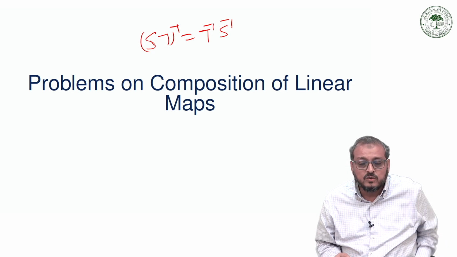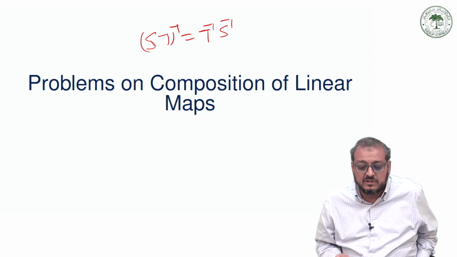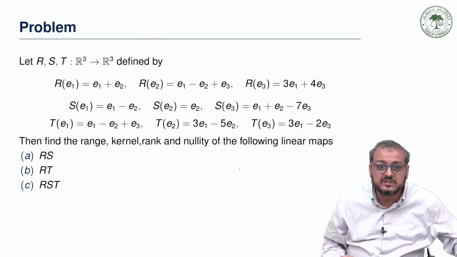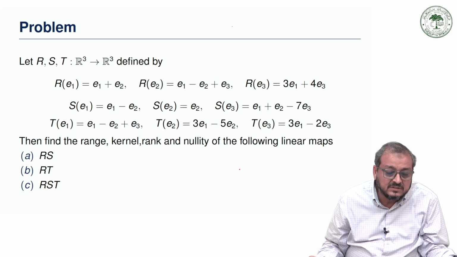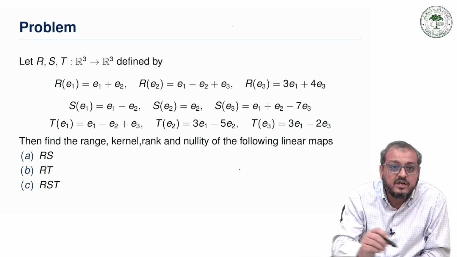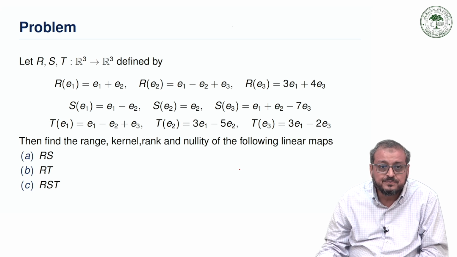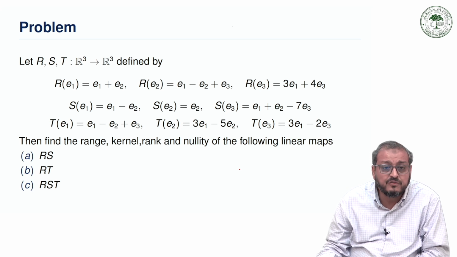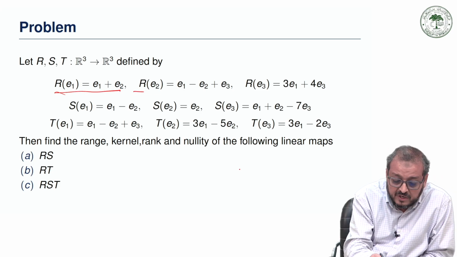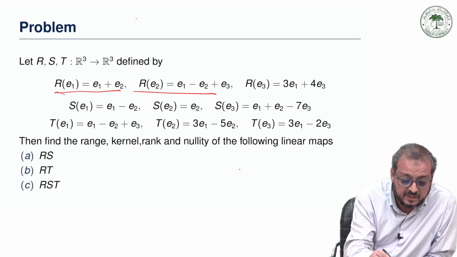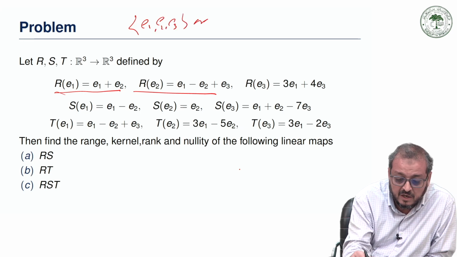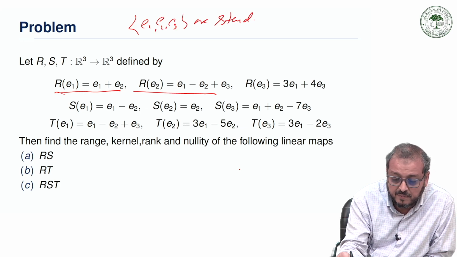Okay, so let's start with one problem. In this problem we take three different transformations R, S, T. R of E1 is defined in this form, R of E2 we have defined, where E1, E2, E3 are the standard basis.